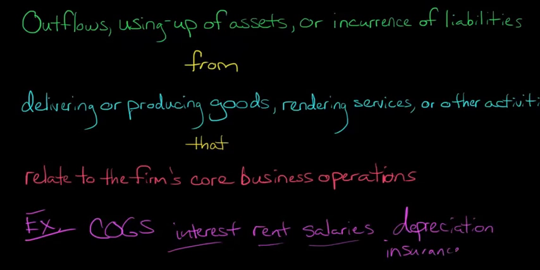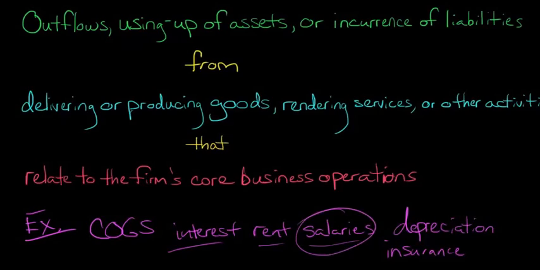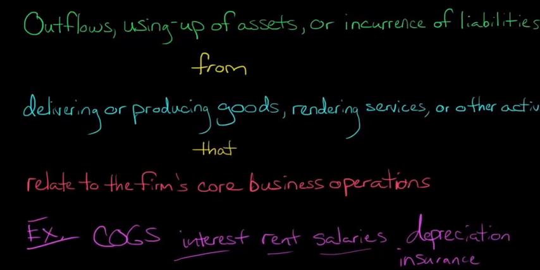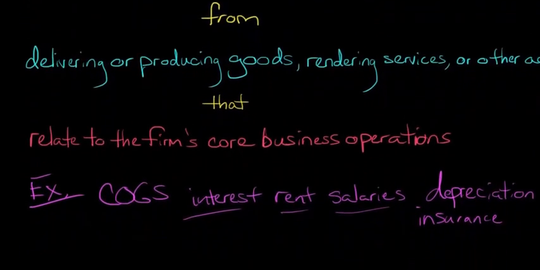Now, when we think about all these expenses, remember, these are all related in some way to, again, this idea of the core business operation, right? When we think about paying our employees, that's a pretty important thing. We really can't run our business without doing that.